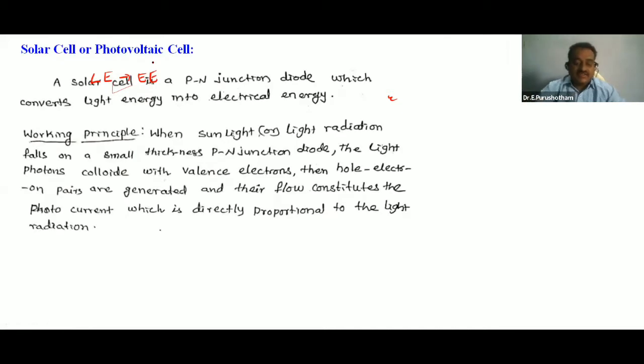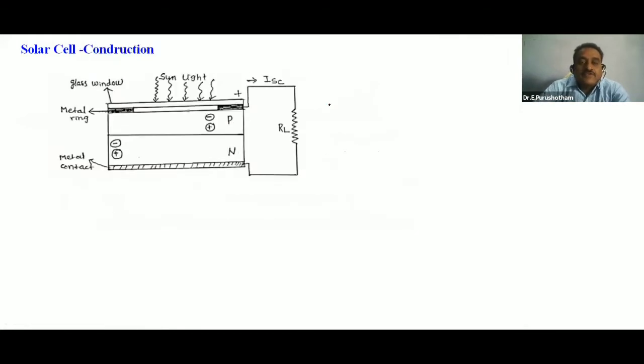You can see here clearly. A solar cell is a PN junction diode which converts light energy into electrical energy. You should remember that.